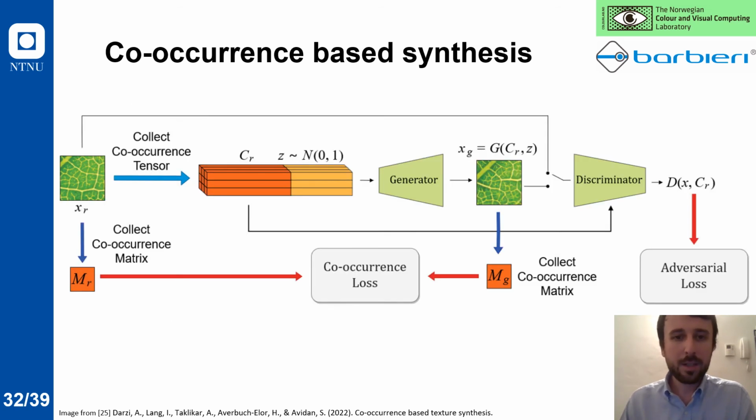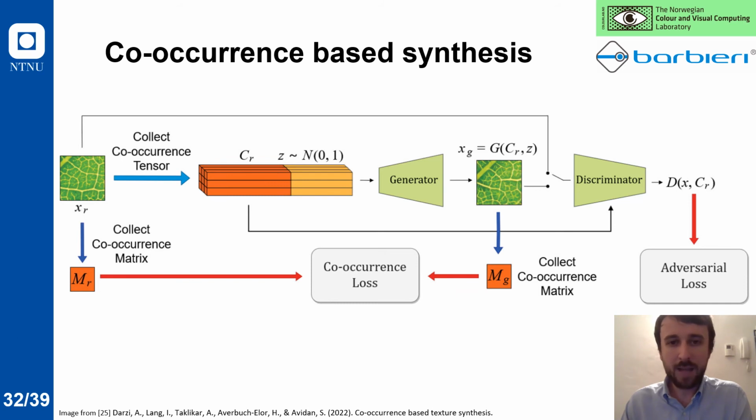Yet another controllable GAN was proposed by Darcy at the end of 2021, and is based on co-occurrence matrices. So instead of using latent features, they used co-occurrence matrix information, which is essentially statistical information extracted from the input texture.